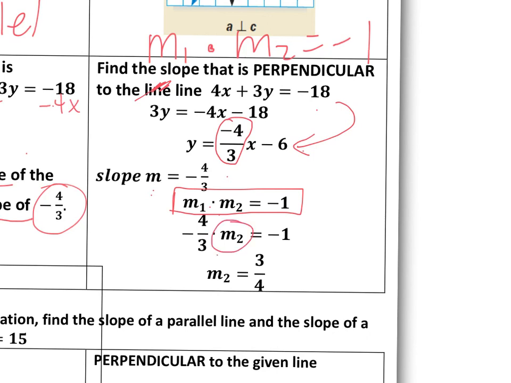The second slope will be the slope of the other line, and the product has to equal -1. If you multiply both sides by the reciprocal of -4/3, which would be -3/4, you would get +3/4: negative, negative, positive.